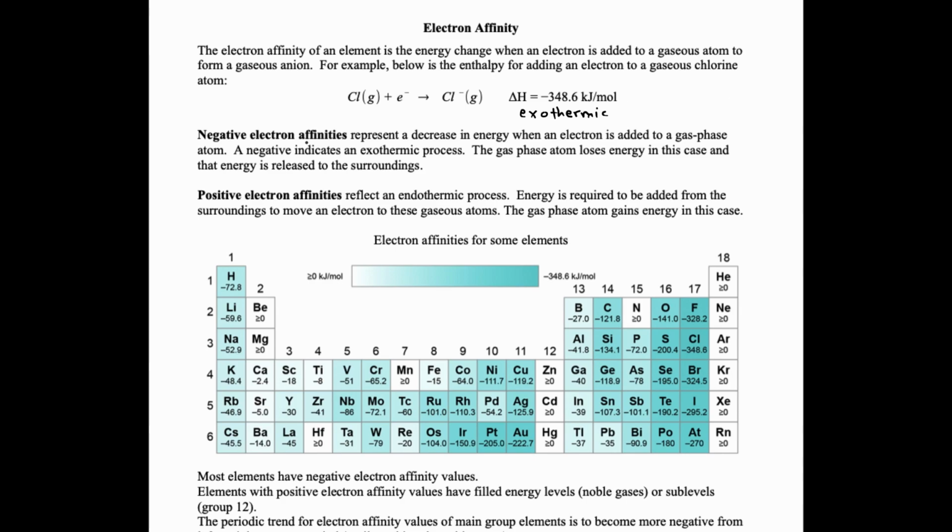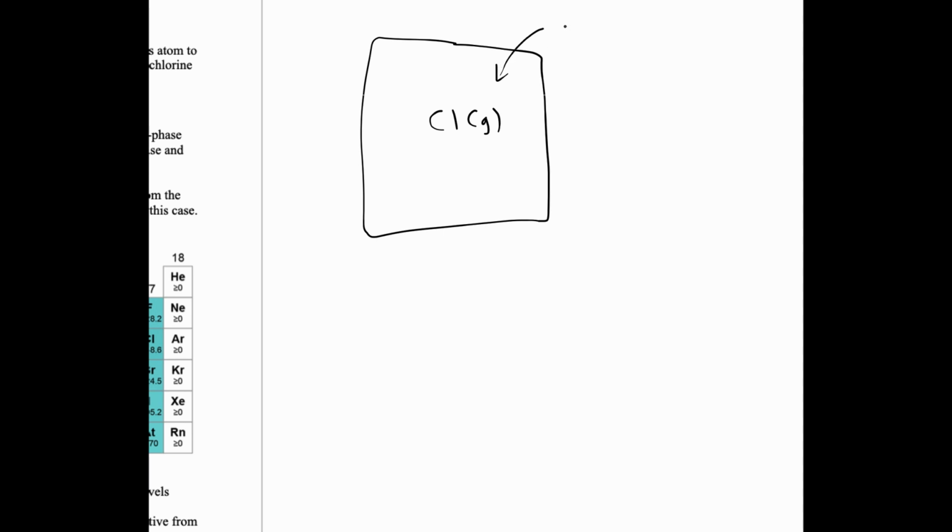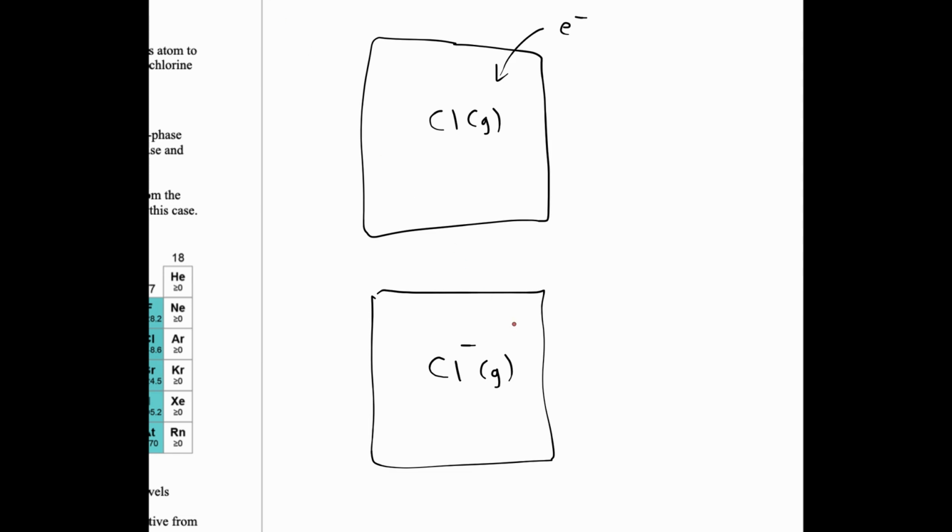So a negative electron affinity represents a decrease in the energy of the gas when an electron is added. So where does that energy go? It flows from the gas to the surroundings. So if you have chlorine that's neutral as a gas, let's say in a tank, for example, and then all of a sudden you introduce electrons to it, you will now form Cl negative as a gas, but what will happen in the process is energy will flow out.